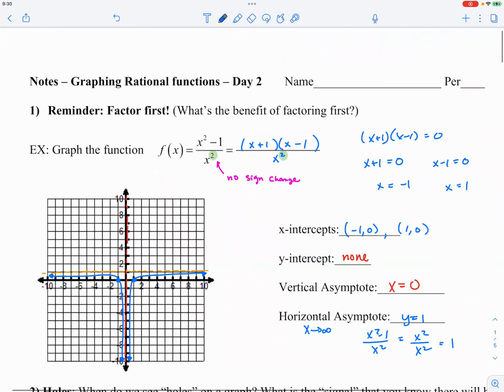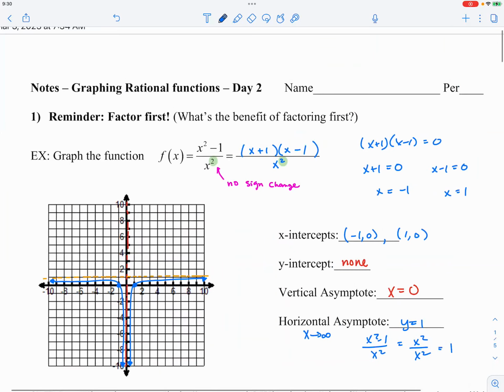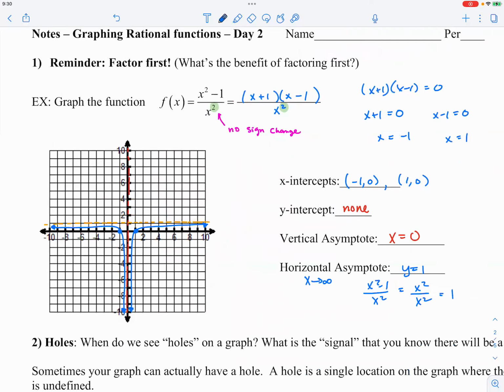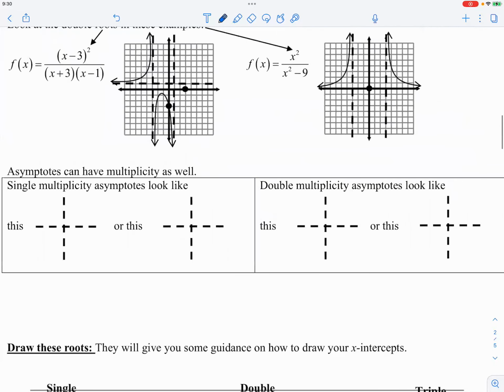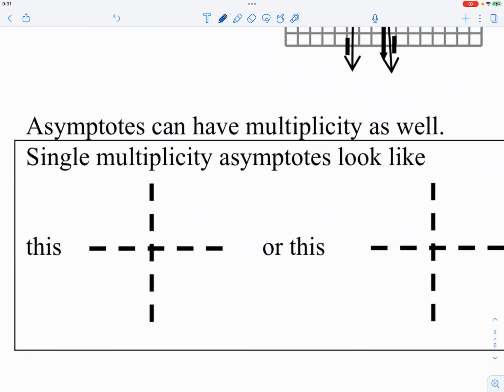And if I may catch your attention, we're going to make some drawings on the next page. So if you could turn to the next page and look at the middle part, this part right here. The so-called multiplicity is basically the power of these factors.